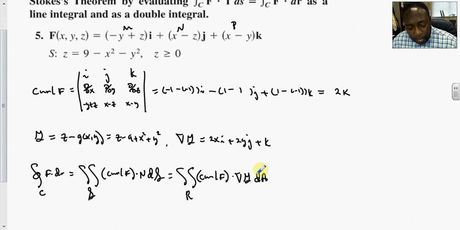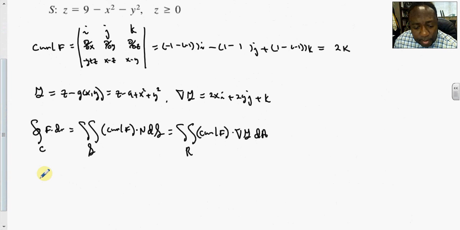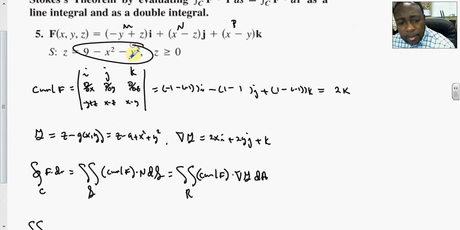This is my contribution to one aspect of the mathematics. So if that be the case, then we have this double integral. What is the region? Here, the region, that's in the xy plane, right?